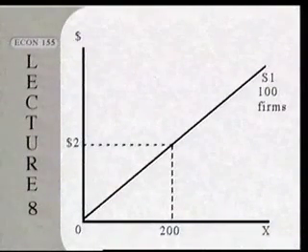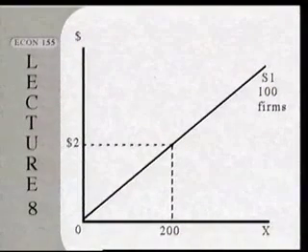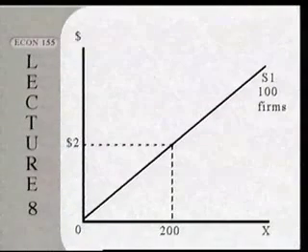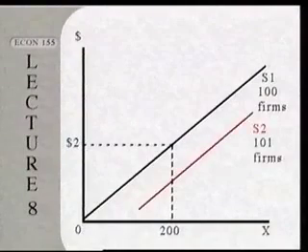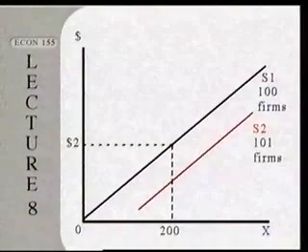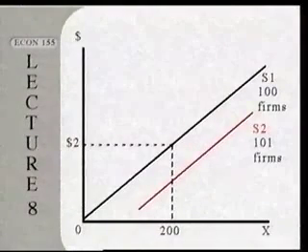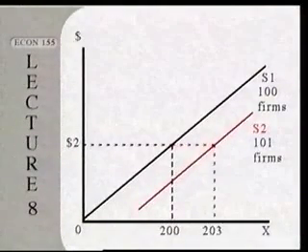When the price is $2, those firms supply 200 units. Now one more firm enters the industry. Firm number 101 starts up in business, and the supply curve shifts to the right to S2, 101 firms. Even though the price is totally unchanged, still at $2, now we're getting something like 203 units.